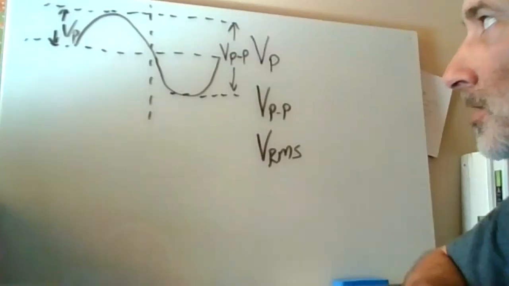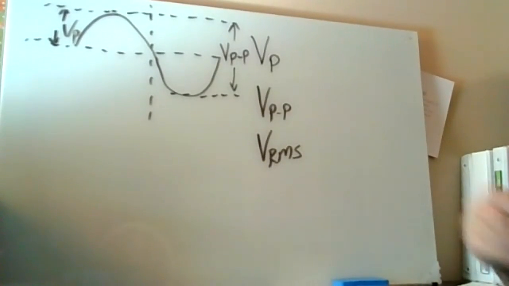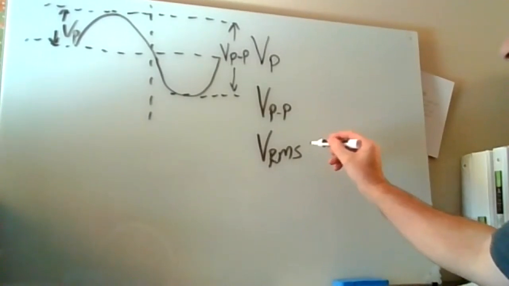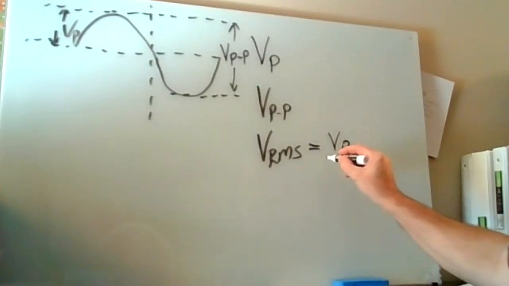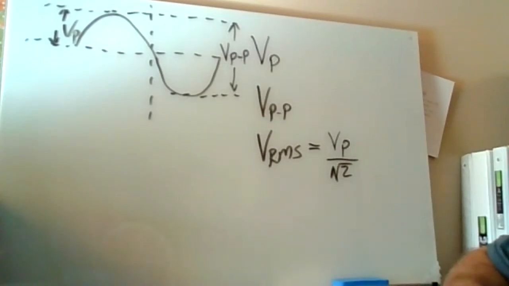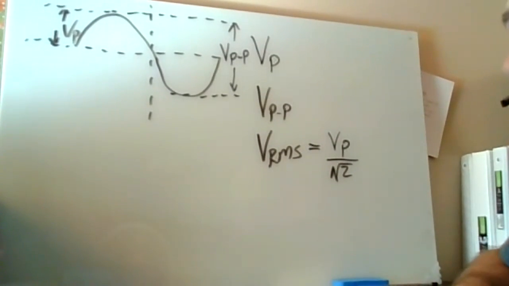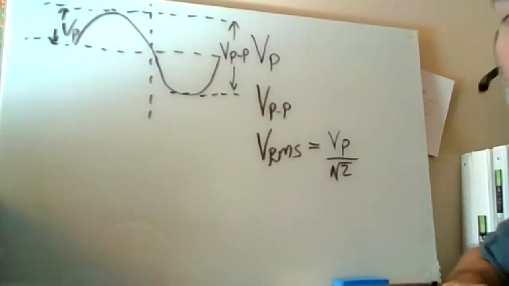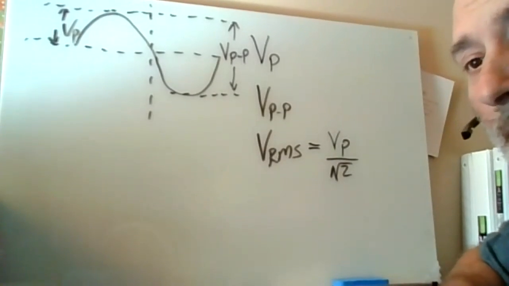That's all I'm doing, just doubling it. The way I get VRMS is volts peak divided by the square root of 2. So if I want VRMS, I have to know my volts peak, and then I just divide by the square root of 2. If I know peak to peak, can I get VRMS?